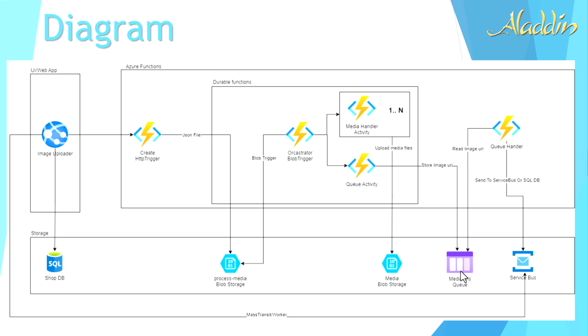It's better to create a function called the queue handler. The queue handler will take the data from here, process it, and send it to the service bus. With the service bus, you can create a worker or a MassTransit to store the data straight away in your database. I need you to learn and understand the benefit of all this. We are learning something new, and at the same time we are trying to make something I will call a microservice.